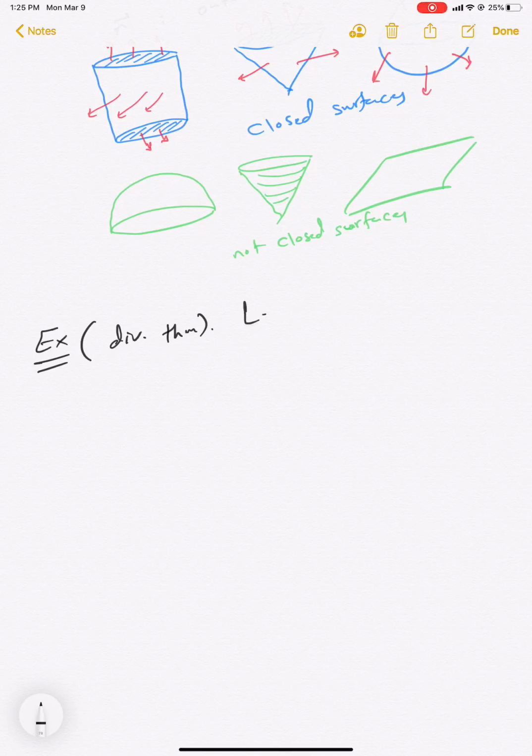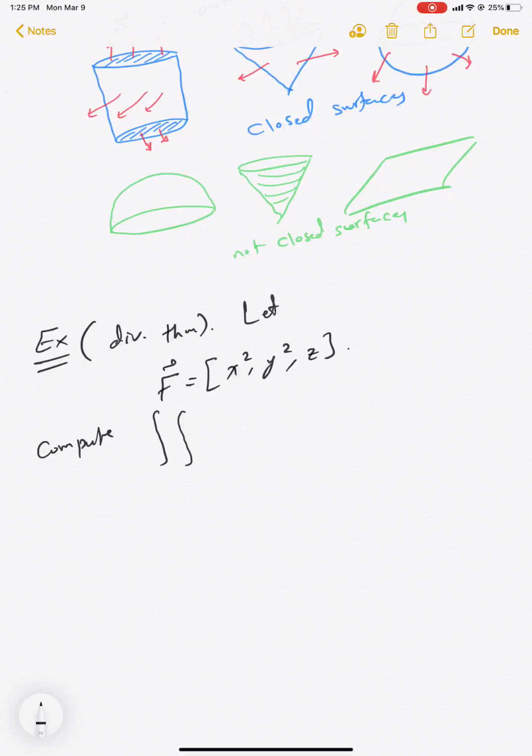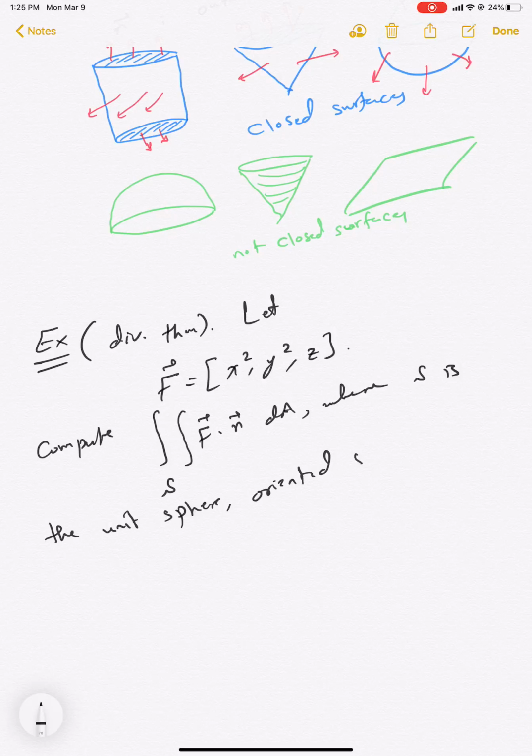Let F be x squared, y squared, z, and let's compute the surface integral where S is the unit sphere oriented so that n is the outward normal vector.